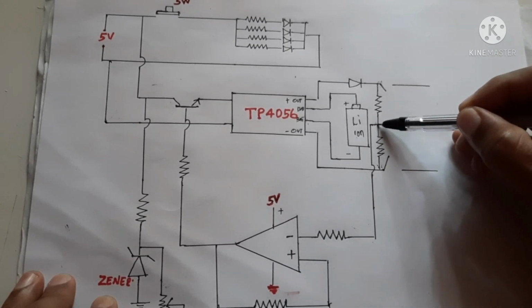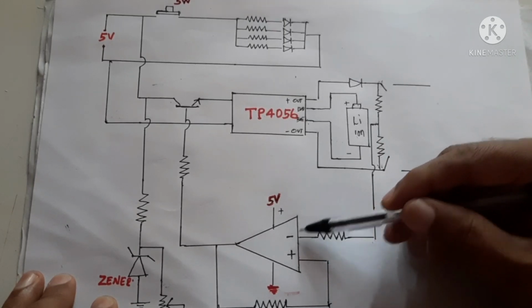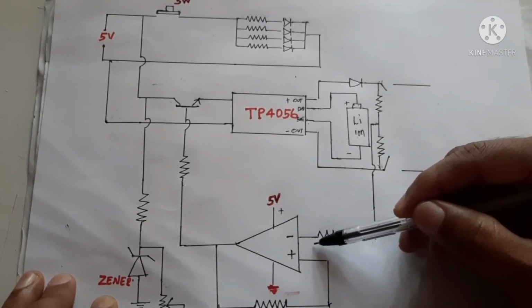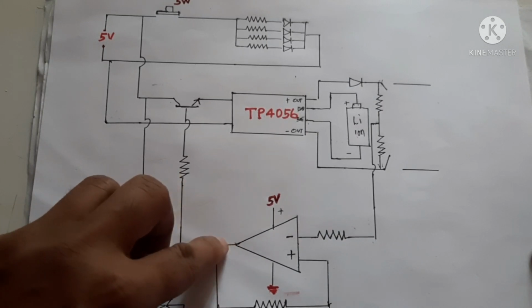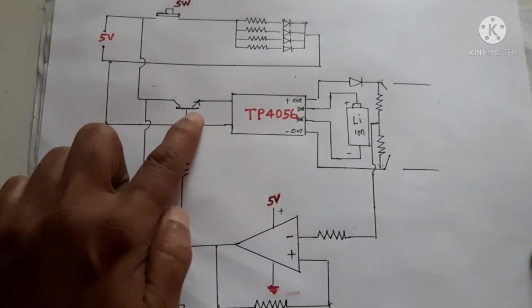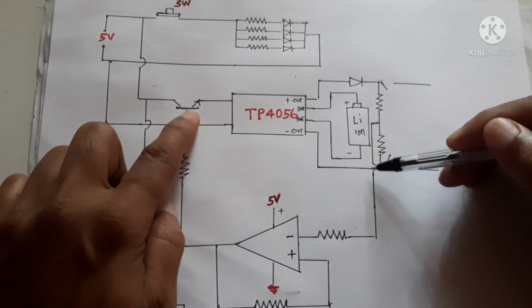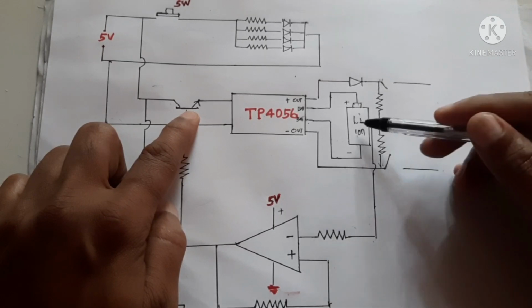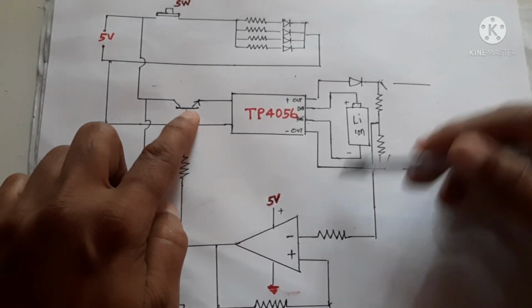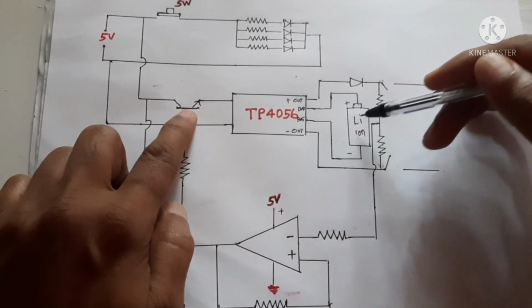That means when the negative terminal voltage falls below 1.5 volts, this op-amp will be on. This op-amp being on means this transistor will turn on only if the battery voltage falls below 3 volts.